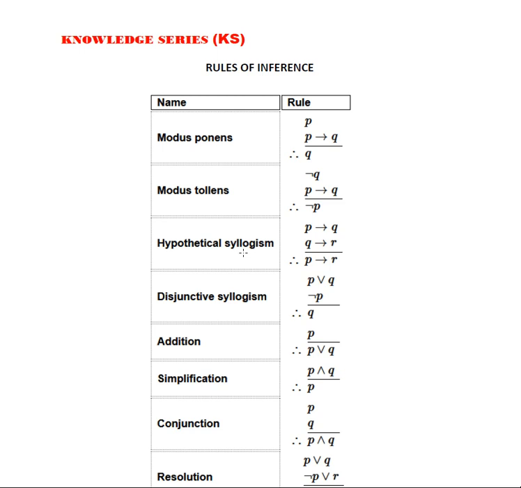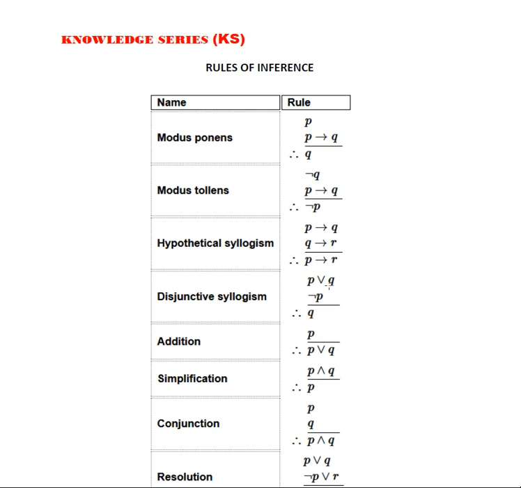Hypothetical syllogism talks about this: if P implies Q, and Q implies R, that implies P implies R. Next comes disjunctive syllogism: P disjunction Q, and negation of P. Since this is a union set, Q can be different also.